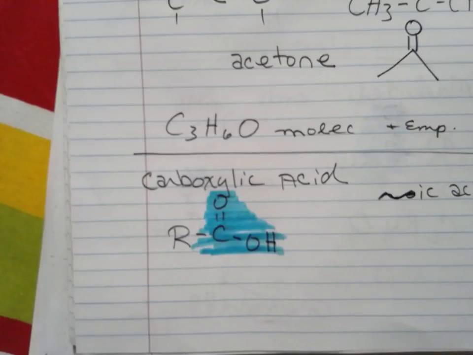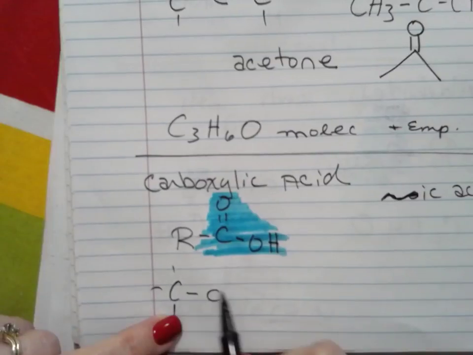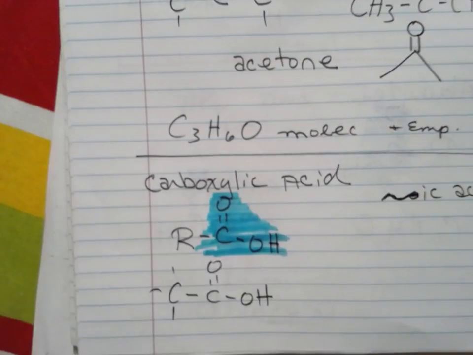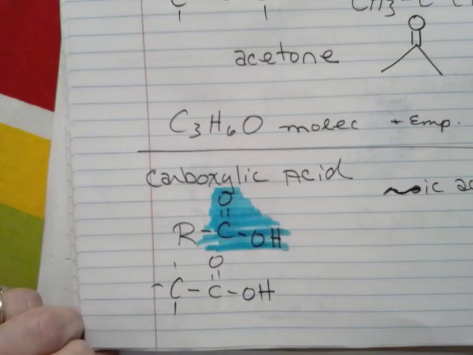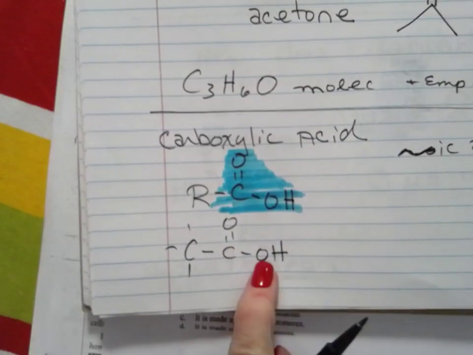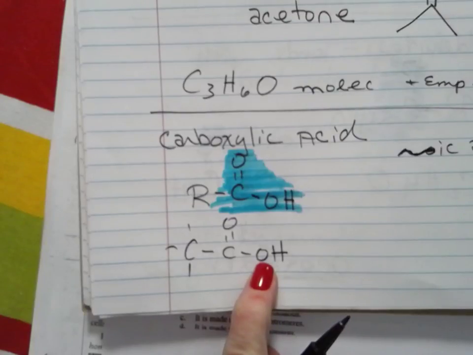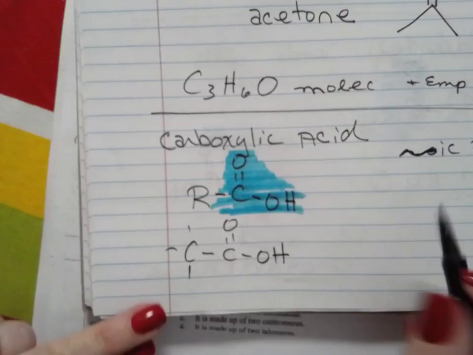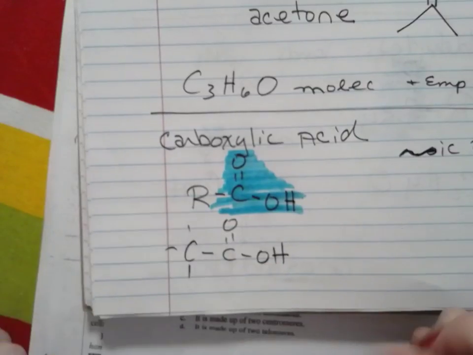The book, instead of using R, shows you this. Don't get this confused with an aldehyde. An aldehyde just has a hydrogen here. This has an OH. They're going to show you acetic acid.